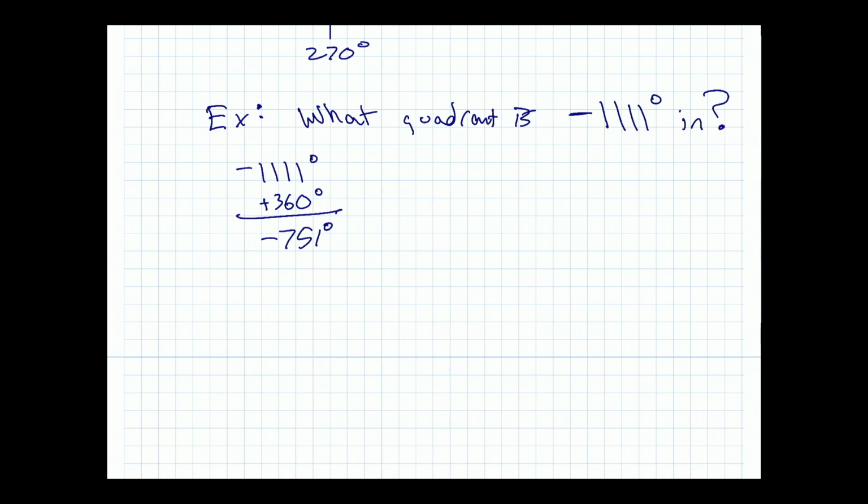Well, I still don't know where that is. Add another 360. Negative 391. I still don't know. Add another 360. Negative 31. Now, I actually do know where negative 31 is, right?